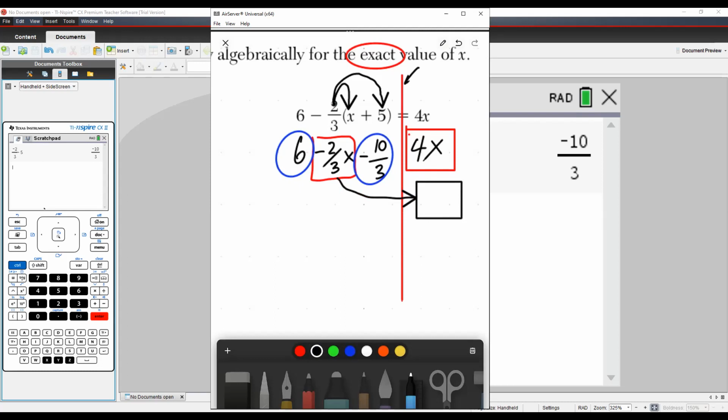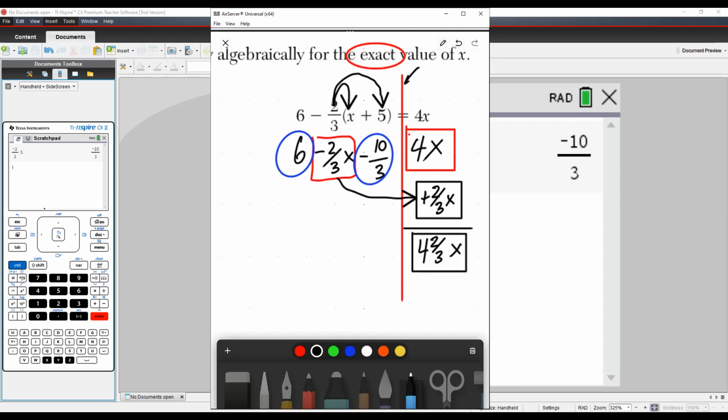So instead of being a negative 2/3 x, it's going to switch to a positive 2/3 x. Now on the right-hand side, if I combine these two boxes, it's going to be 4 and 2/3 x. That's what I have, and I'm going to put this in a box. All right.